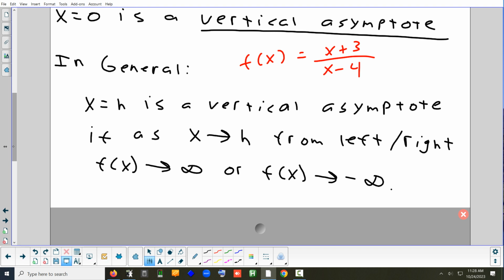Now, what if I change it? See if you guys remember what this does. What number am I not allowed to use for x? 4. Yeah, same number. What's going to happen now? It's going to cancel.